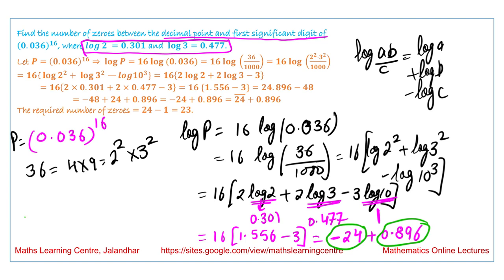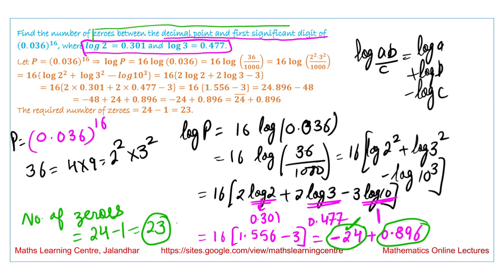So the number of zeros is given by the numerical part of the characteristic, which is 24, so it is 24 minus 1, that is equal to 23. So the number of zeros between the decimal point and the first significant digit of this number is 23.